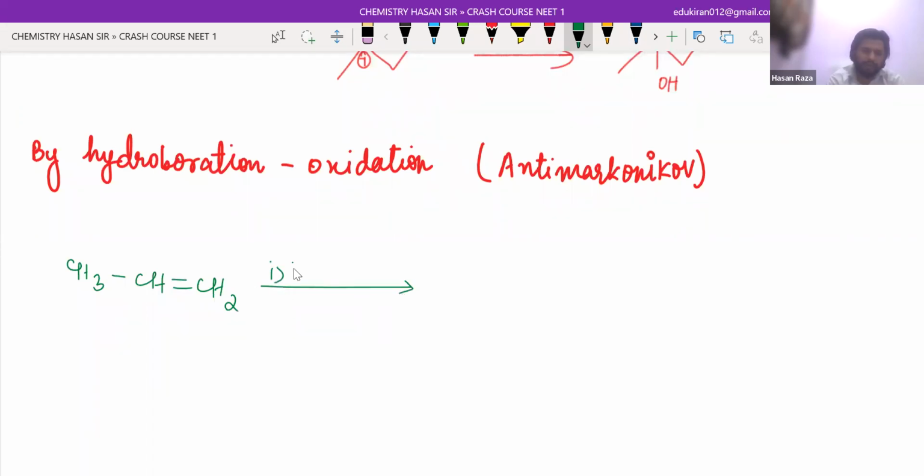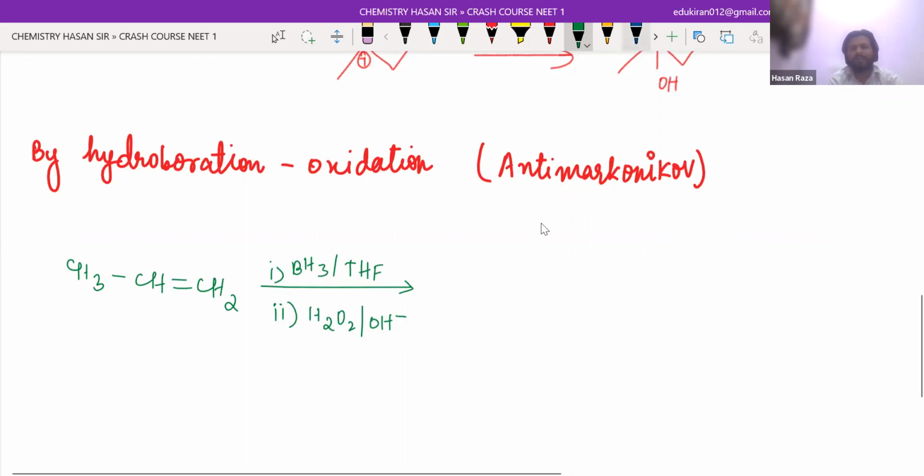If an alkene is going to react with BH3 or tetrahydrofuran, and in the second step you do a reaction with hydrogen peroxide in the presence of base, what will be the product? I already gave you a hint that it is anti-Markovnikov. So basically, two parts will be added from here. You can see H and OH again.